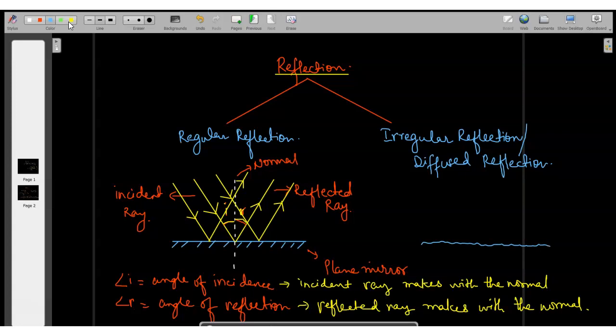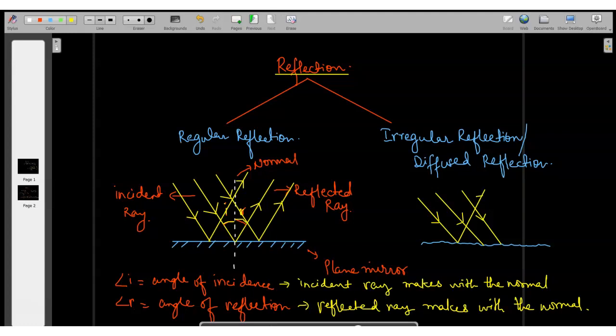It's not a smooth, highly polished surface. Now, when light falls on these surfaces, suppose I'm taking multiple incident rays falling on such a surface. So again in this case reflection will definitely occur.